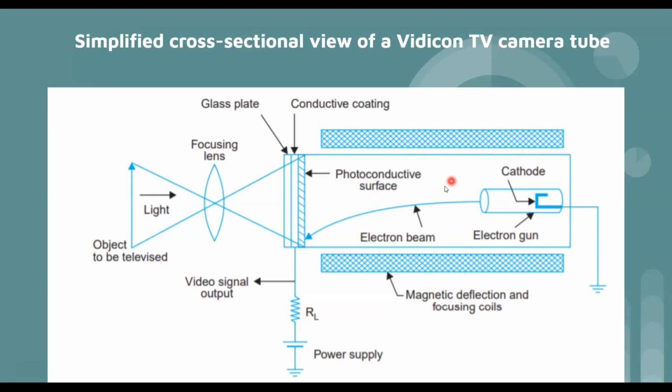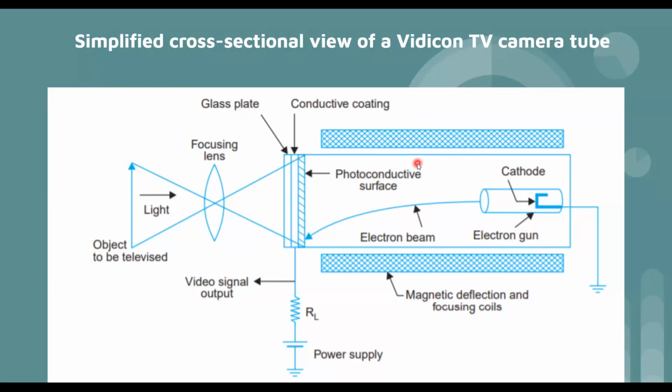Therefore the conductivity of each element of this photo layer changes accordingly. When the electron beam is used to pick up the picture information, it is available on the target plate in terms of varying resistance at each point.